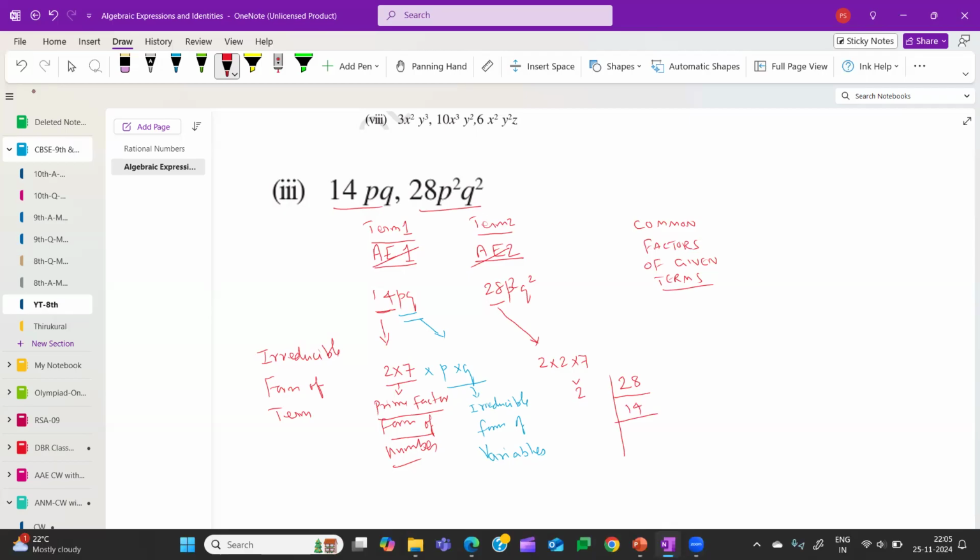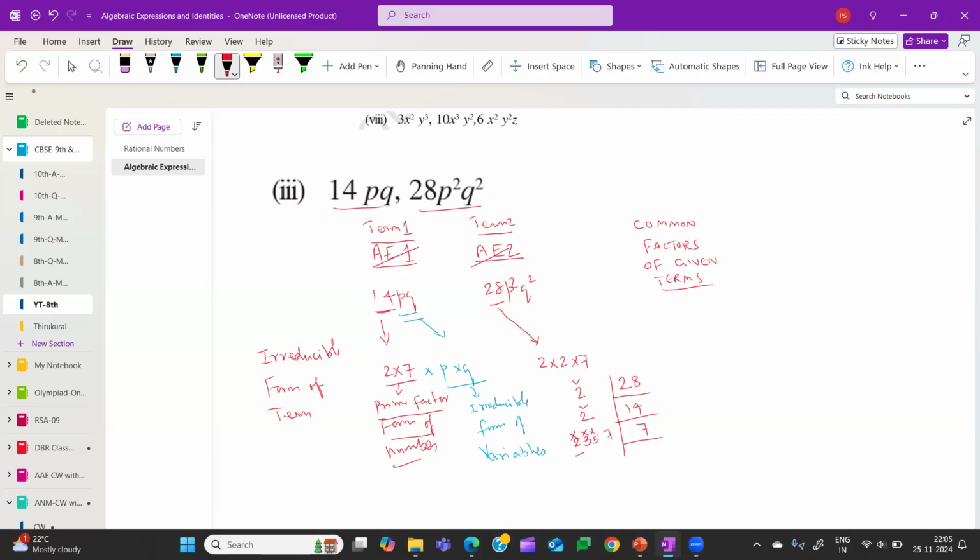Can 14 be divided by 2? Yes, so 14 divided by 2 is 7. Now we check whether 7 can be divided by 2. No, it is not. The next prime number is 3, which cannot divide 7. The next one is 5, which also will not divide 7.